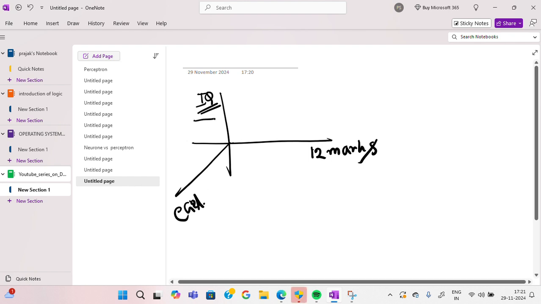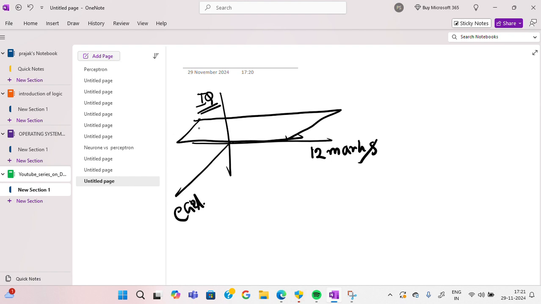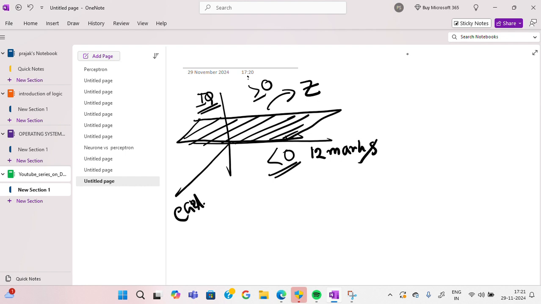Then the straight line changes into a plane, and this plane separates the whole space into two sections: one greater than 0 and one less than 0. For 4D and more dimensions, it will be a hyperplane.